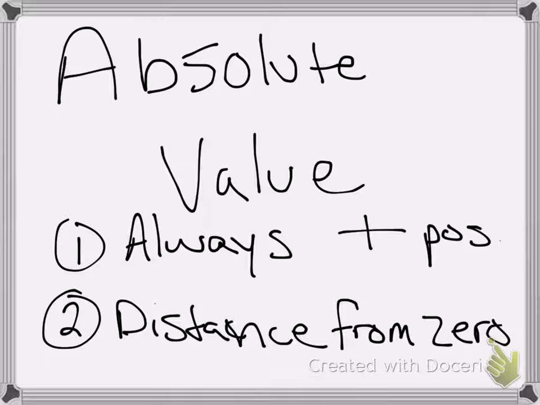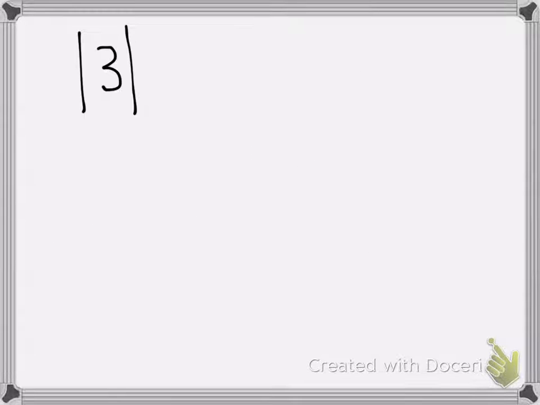If you don't know these two things, you need to know them after what we went over today in class. So if you weren't in class, know that the absolute value of a number is always positive and always the distance from zero.